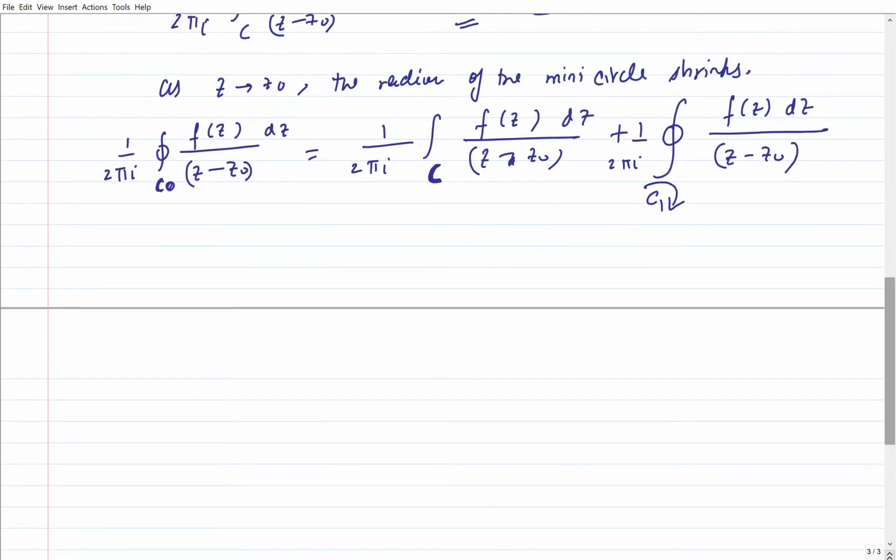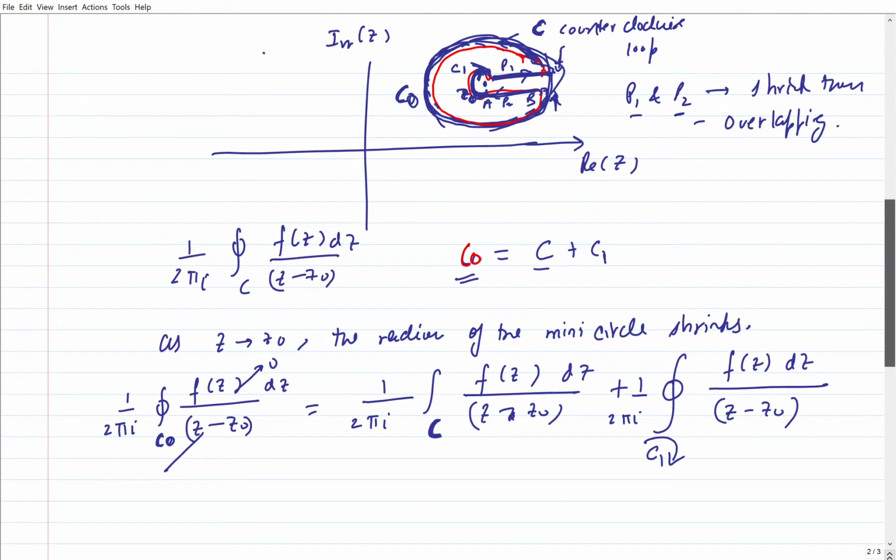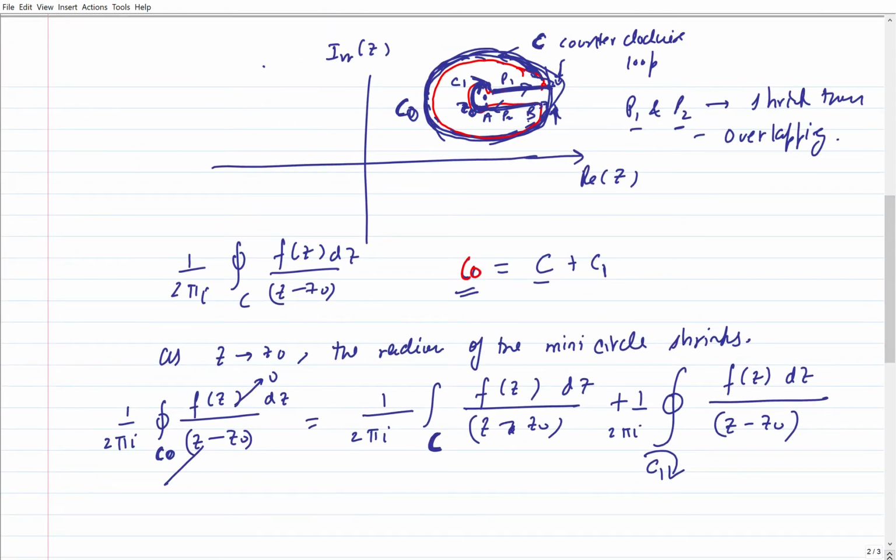Notice that this guy goes to 0, since this particular path, if you notice, has excluded this point. So this was the contour, this was the area. This C0 path, which starts from over here, has actually excluded this point.